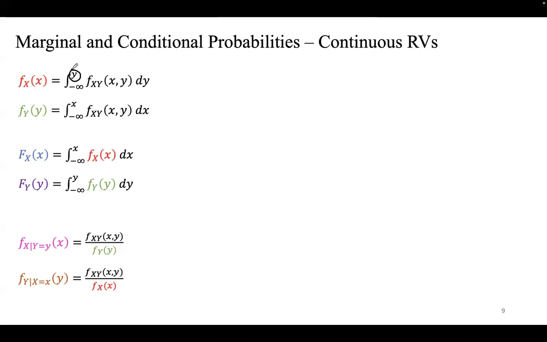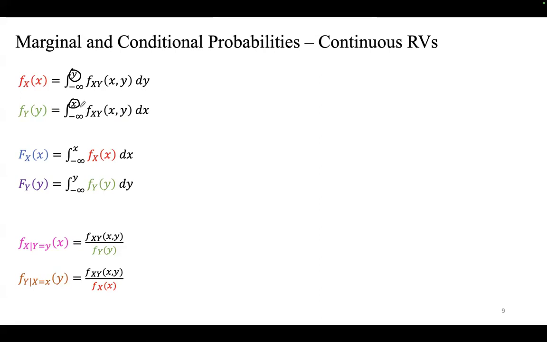This could be any other value also. So just be a little mindful of the limits that I've written here. It's going to be whatever values of y it can take. Likewise, here you have the marginal probability of y. So we'll sum up or integrate over the whole range of x, whatever range of x it can take.